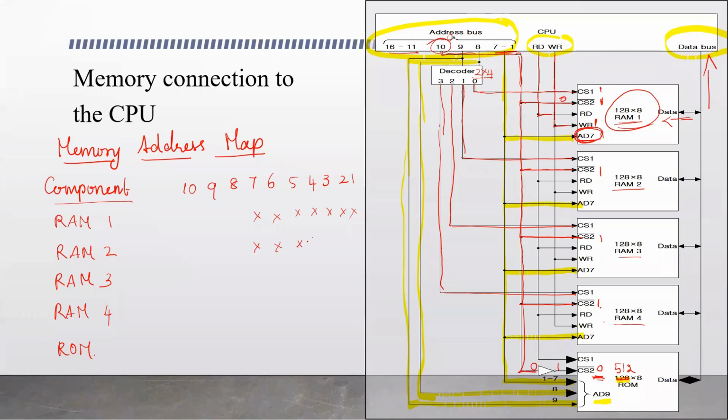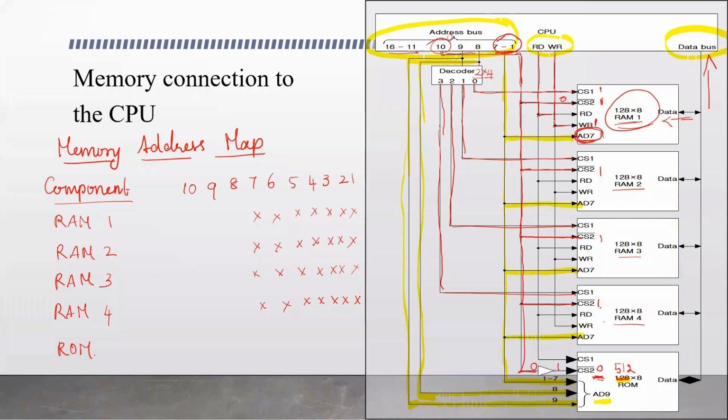Correct? Okay, so let me mark it. These are the address bits that are connected to these RAM chips, and the 7 bits here are connected to RAM 3, the least significant 7 bits. This 1 to 7 in the address lines we are talking about are connected to RAM 4.